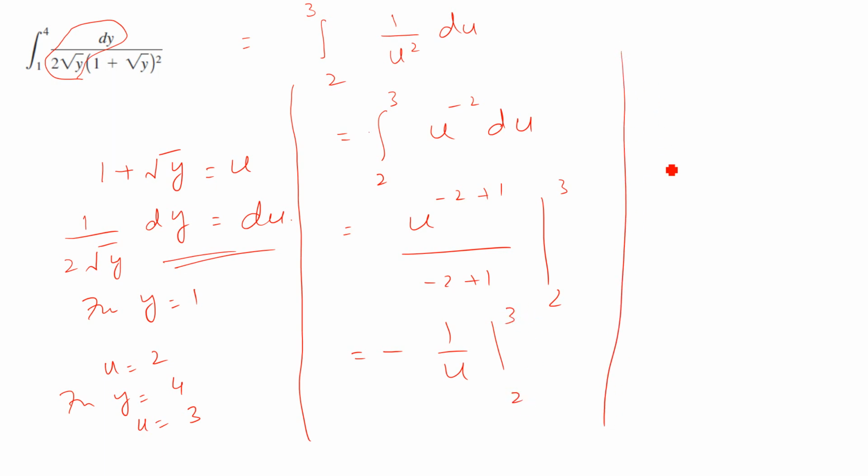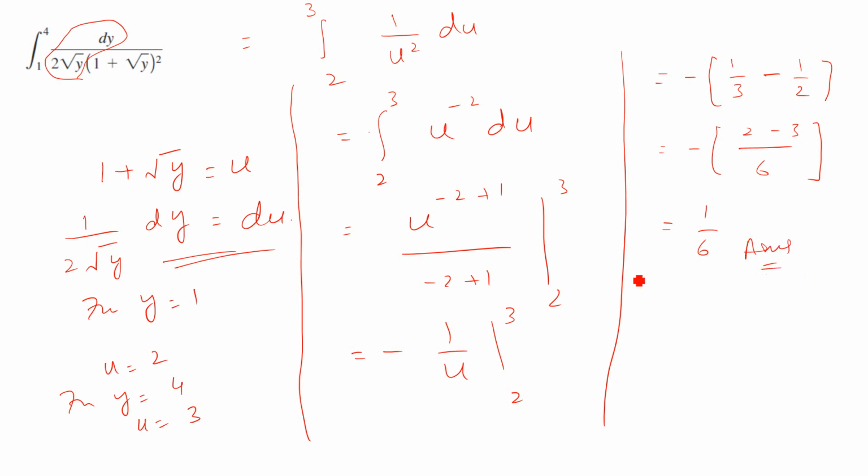So this is equal to negative sign outside, and by plugging in the upper limit we have 1 over 3 and minus 1 over 2. So this is minus, just LCM, we have 2, we have minus 3. Okay, so we have 2 minus 3 is negative 1, negative, negative, positive, we have minus 6.